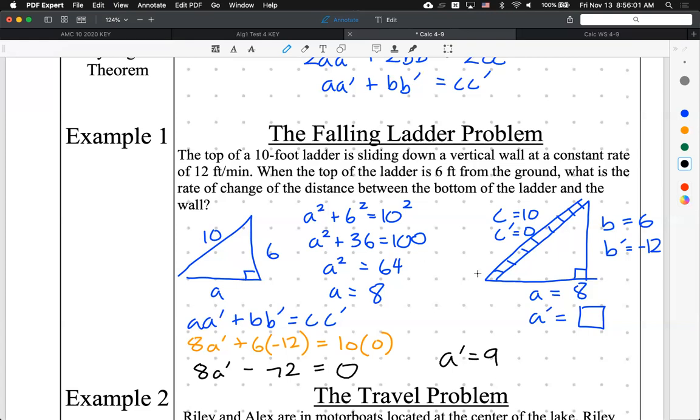Is this point down here, the bottom of the ladder, that is A prime, is it going away from the wall, towards the wall? It should be going away from the wall because that's the only way that makes sense if my ladder is going down, if the top is going down. So you want to say 9, and then our units are feet per second away from the wall.